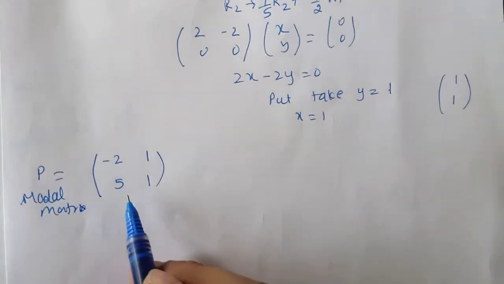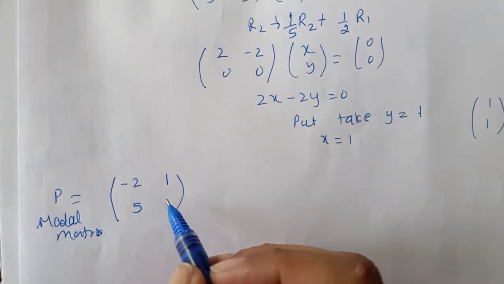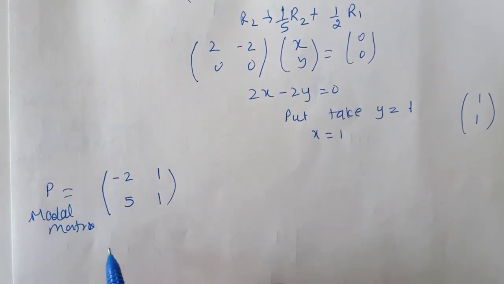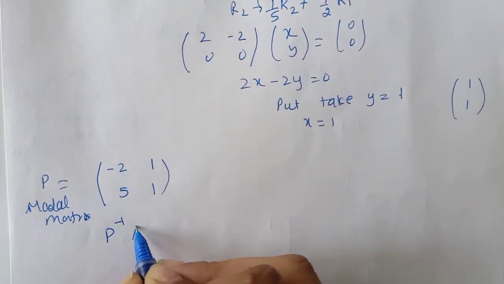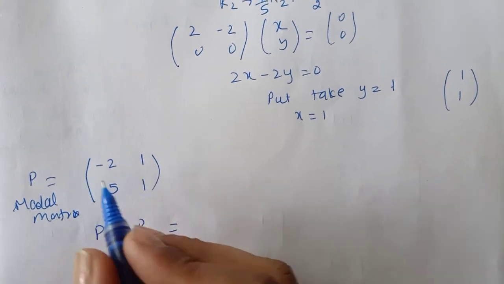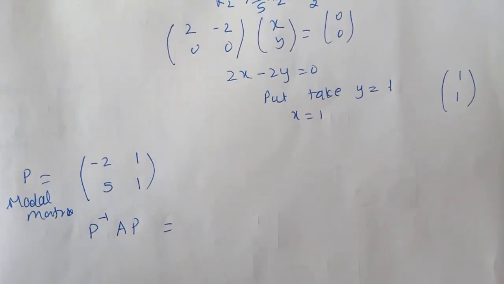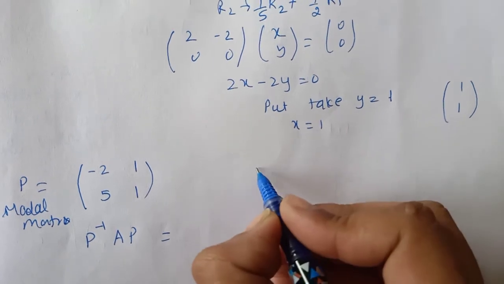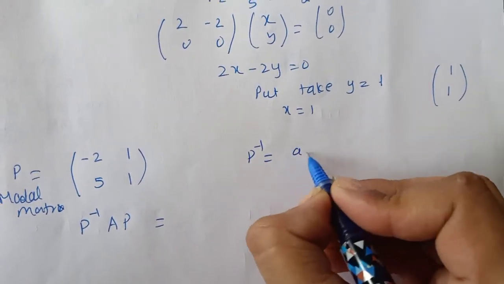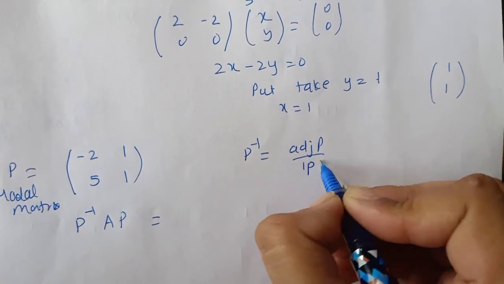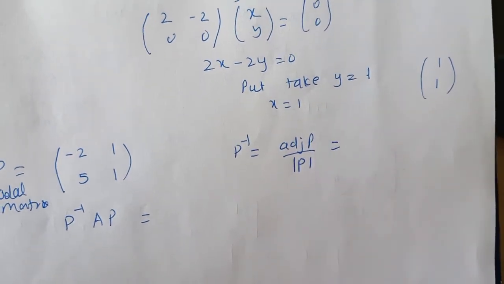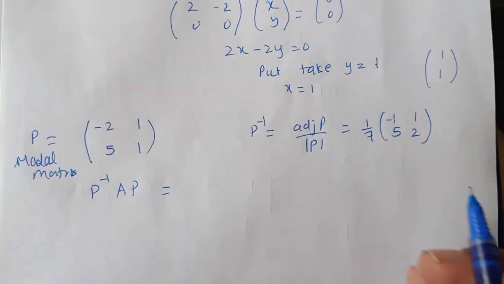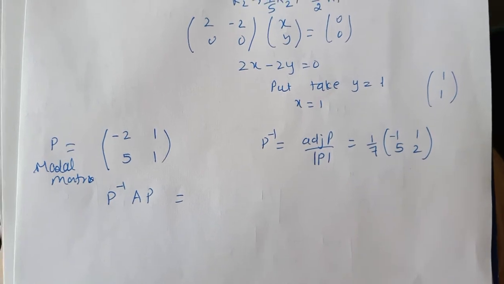So this matrix is known as the modal matrix. What is the use of this matrix? If you write P inverse AP, you will find the inverse of this matrix usually by writing P inverse as adjoint of P upon determinant of P. So you will obtain P inverse.